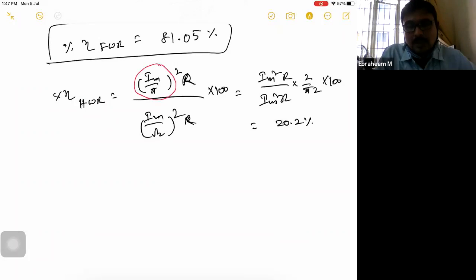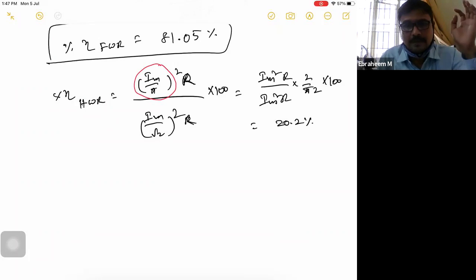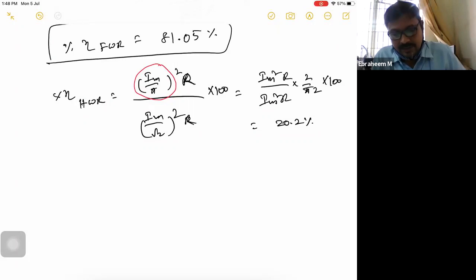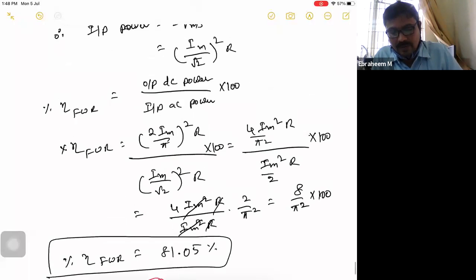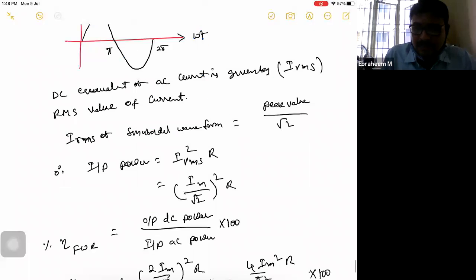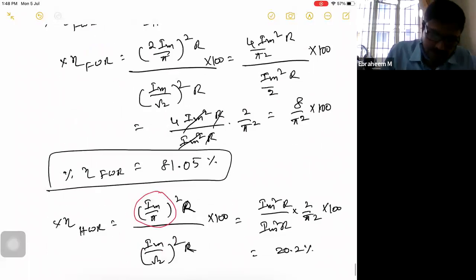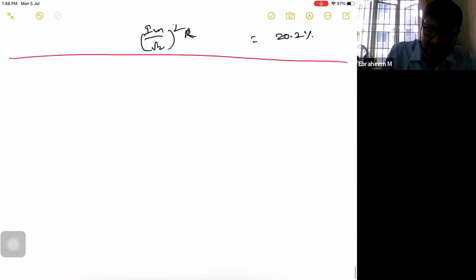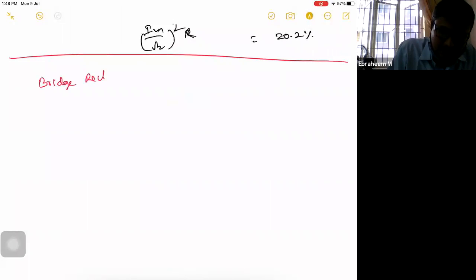Anyhow, the procedure of finding the efficiency of the rectifier is this. You must find out the output DC power and divide it by the input AC power. Then you'll get the efficiency of the rectifier, whether it is a half wave, full wave or bridge rectifier.